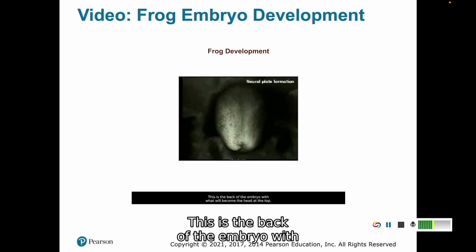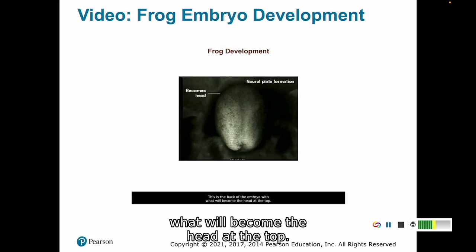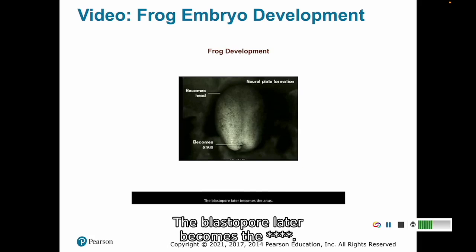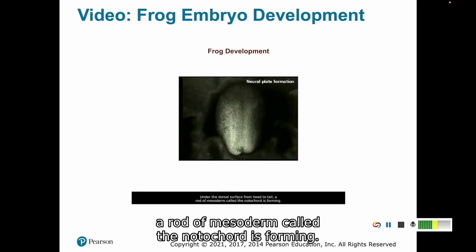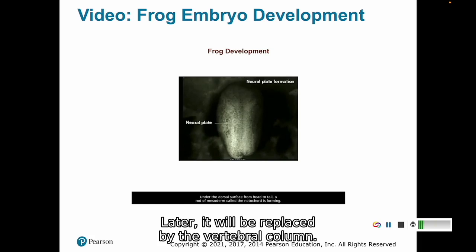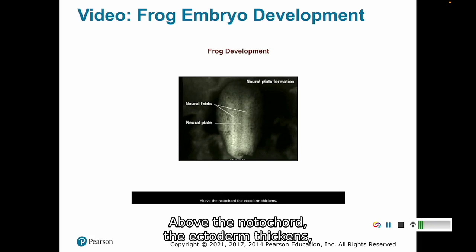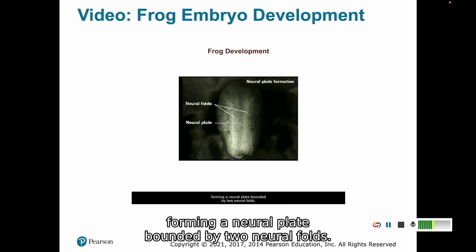This is the back of the embryo with what will become the head at the top. The blastopore later becomes the anus. Under the dorsal surface, from head to tail, a rod of mesoderm called the notochord is forming. Later, it will be replaced by the vertebral column. Above the notochord, the ectoderm thickens, forming a neural plate bounded by two neural folds.